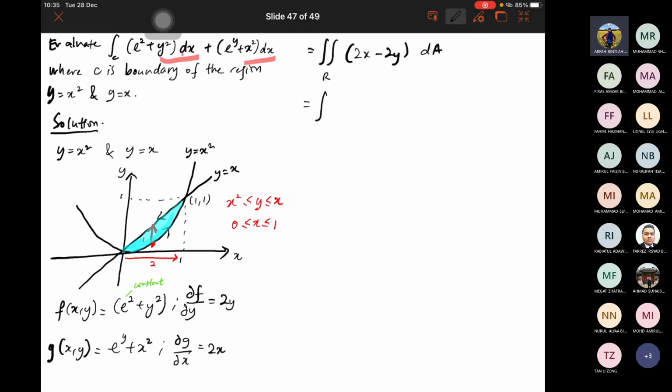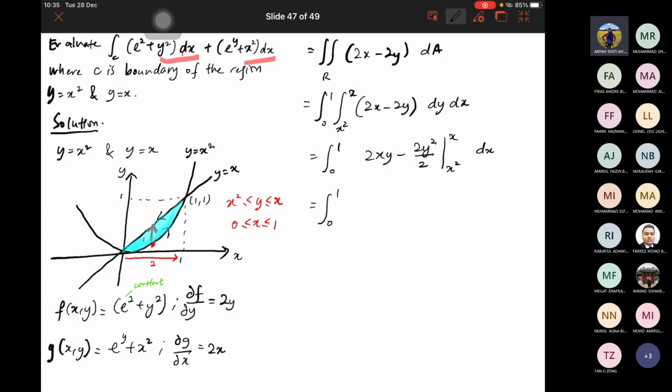So substitute in here 0 to 1 daripada x squared sampai x, 2x tolak 2y dy dx. So 0 to 1, 2xy minus 2y kuasa 2 per 2, x squared sampai x dx.